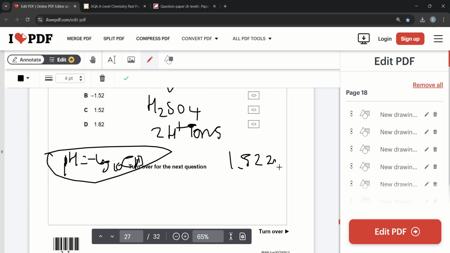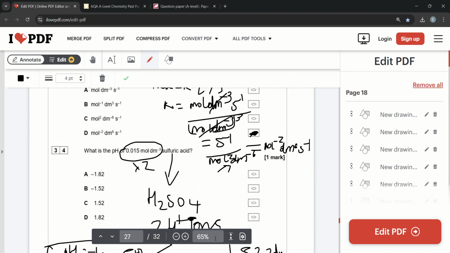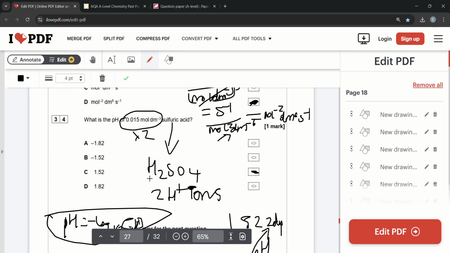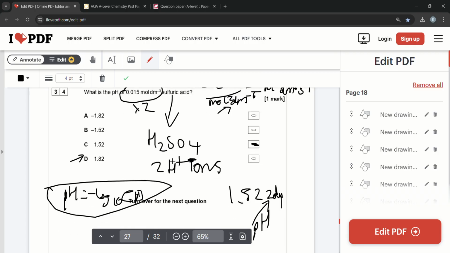We want pH to 2 decimal places, and all of them are given to 2 decimal places. Therefore C. If we did minus log10 of 0.015, we'd get 1.82, but that's wrong. It's got 2 H+, so that's the tricky part.